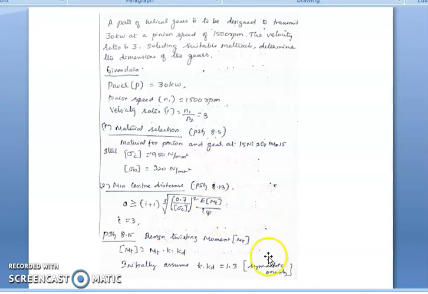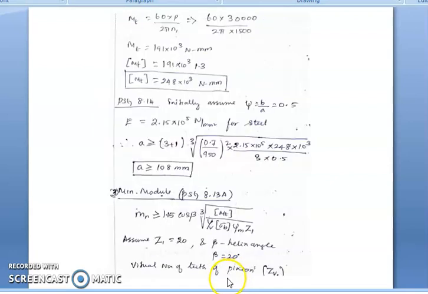Here, as in the previous cases, the design twisting moment is calculated by using the formula available at page number 8.15. Initially, we assume K dot KD is equal to 1.3 since it is a symmetrical system. Then the twisting torque can be found from the power formula.